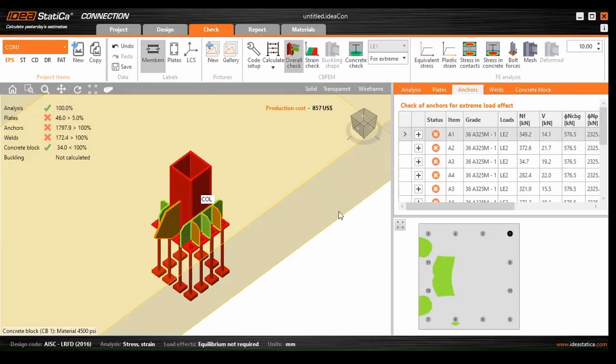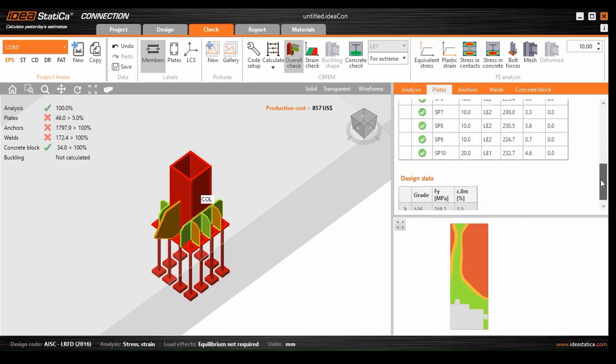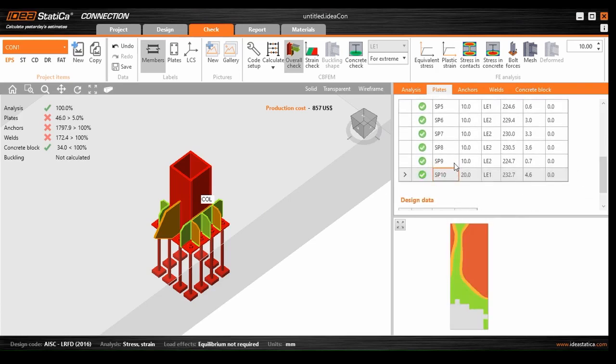Okay, and get back to IDEA StatiCa. If you click on each plate, you see the maximum tension and strain that occurred. For example, here, if you click on SP10, you can see the diagram of stress and strain within the plate.